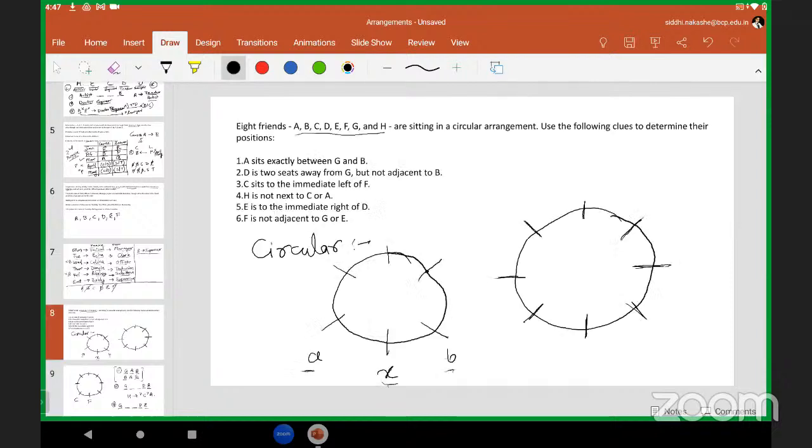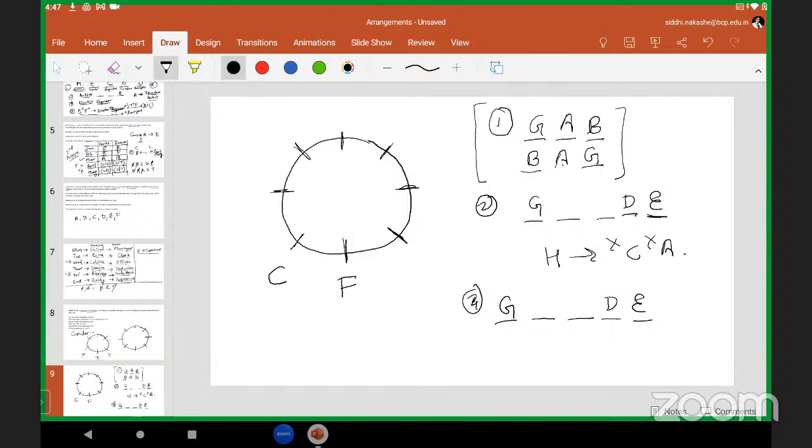Fine. So now F is not adjacent to G or E. So that means G won't come here, E won't come here.